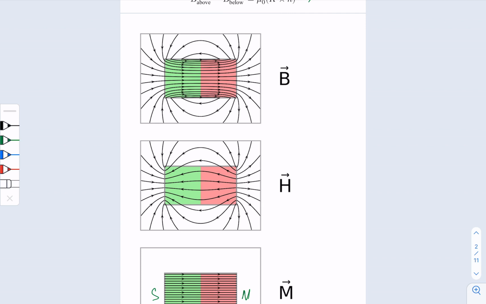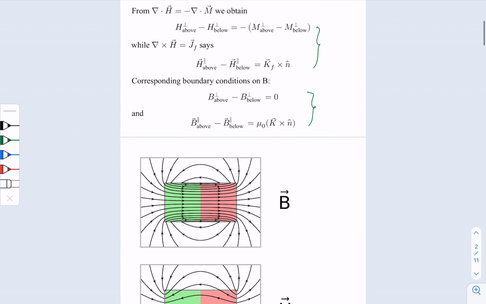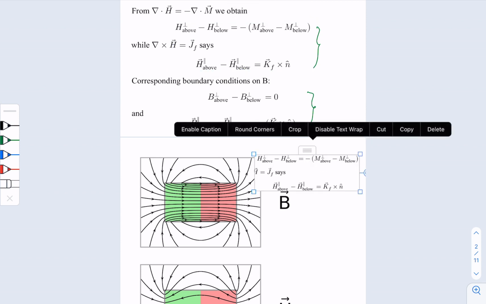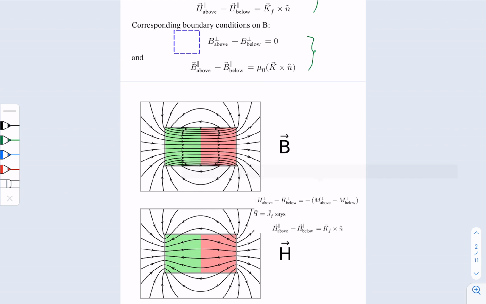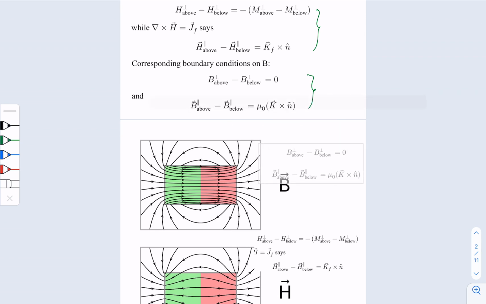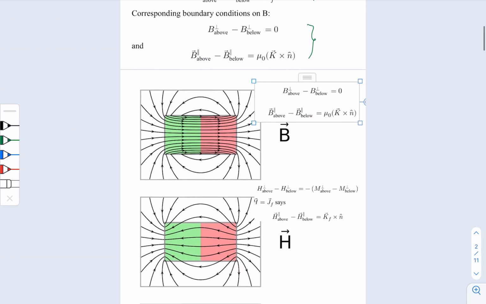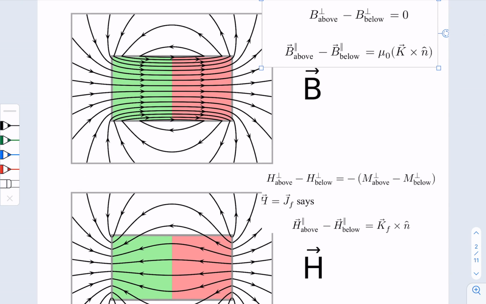But we haven't talked about what actually happens at the boundary. So let me copy the boundary conditions to here. Now let's take a look at them.